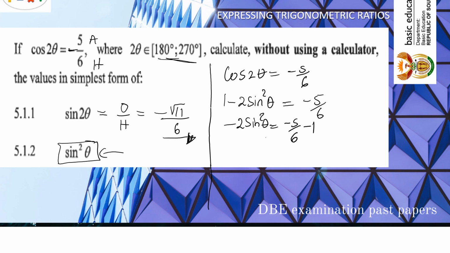So minus 5 over 6 minus 1 gives me minus 11 over 6. Then if I divide minus 11 over 6 by minus 2, I'm going to get positive 11 over 12. So my sine squared theta will be equal to 11 over 12. Then I've solved for my sine squared theta.